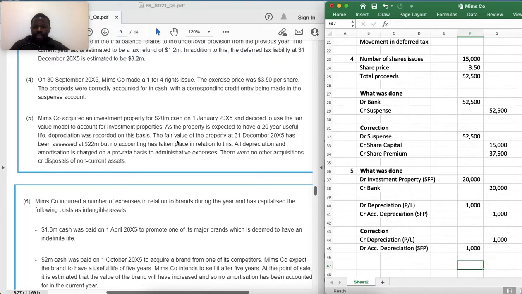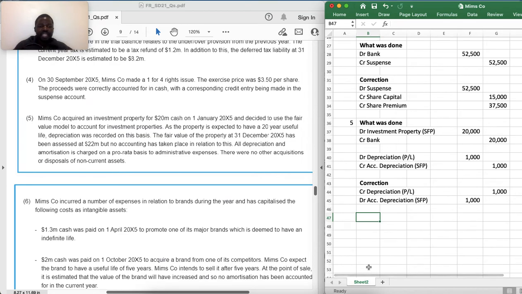The fair value of the building at 31 December has been assessed to 22 million, but no accounting has taken place in relation to this. So the fair value was not recognized. Now we need to recognize this fair value increase. We debit the investment property, because it has increased from 20,000 to 22,000.